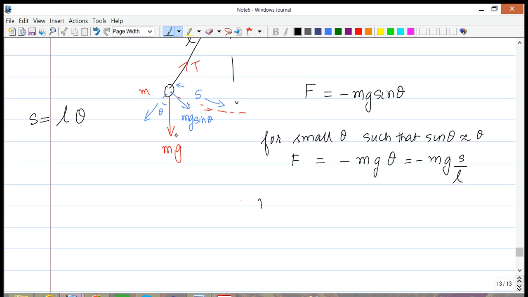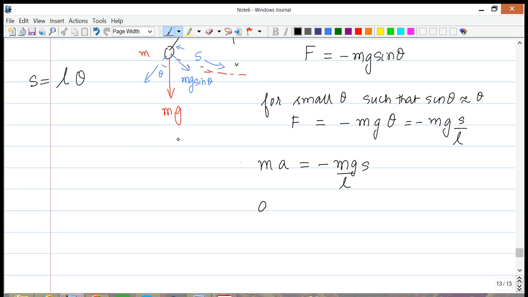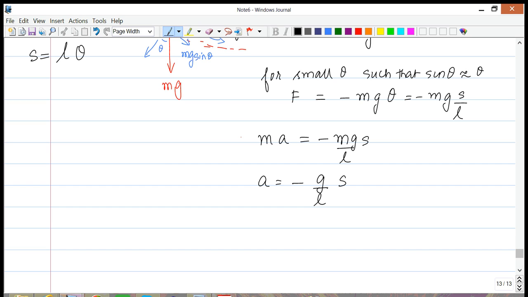F is simply equal to m times a. So ma equals negative mg over L times s. The acceleration is negative g over L times s, where s is the distance traveled along the arc length. So s takes the role of x in this.